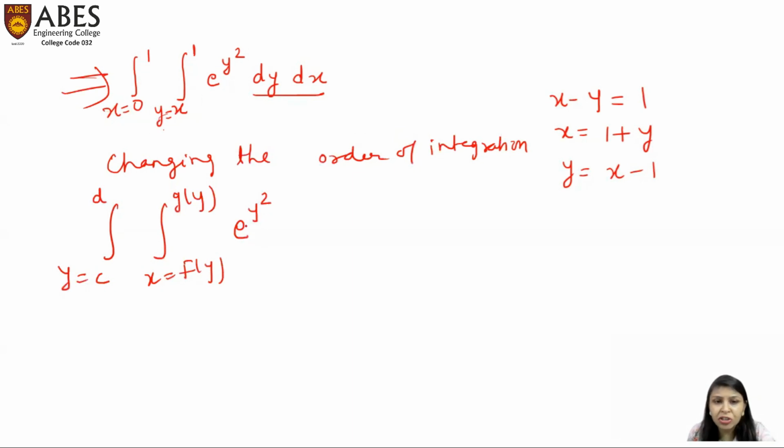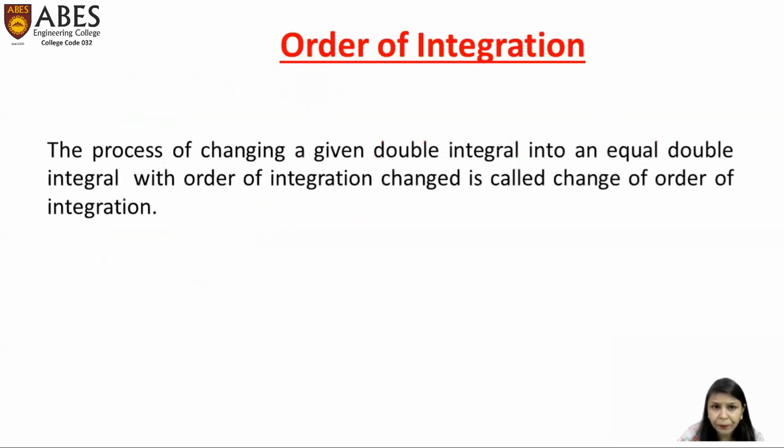Exponential y square function remains the same, but the order, this dy dx, will be changed. Now the new order will be dx dy. So this is the concept of change of order of integration. This is used basically to solve the integration in an easy way.